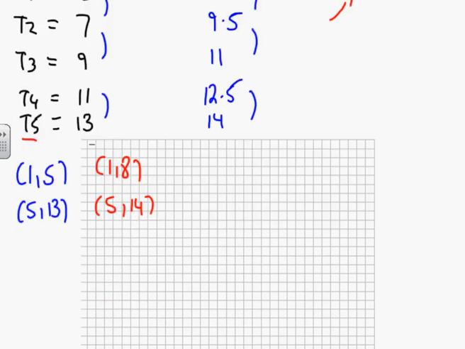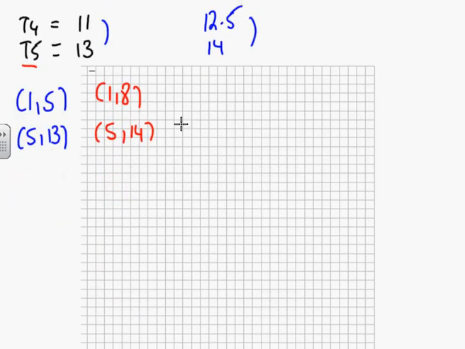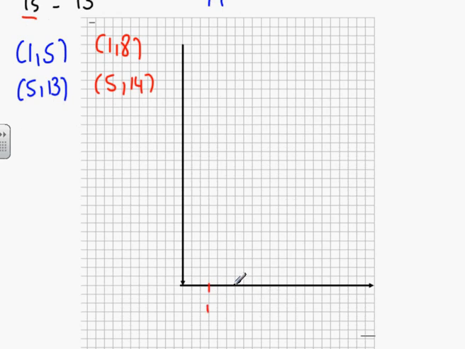So, what you do next is you draw your graph, and we have to do it relatively easy. 1, 2, 3, 4, and 5. It only has to go as far as 14. I can do that quite easily: 2, 4, 6.